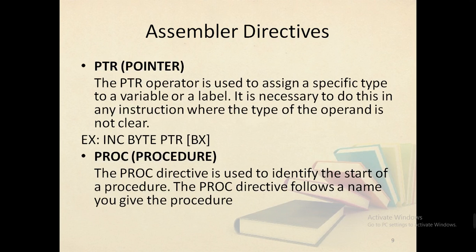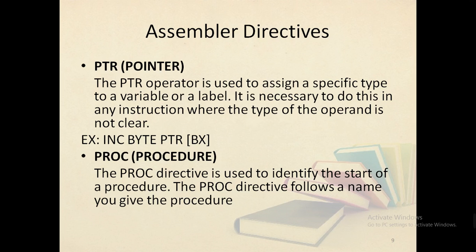When the assembler reads the instruction INC [BX], for example, it will not know whether to increment the byte or the word pointed to by BX. We use the PTR operator to clarify how we want the assembler to code the instruction. Take one example. INC BYTE PTR [BX] tells the assembler that we want to increment the byte pointed to by BX.